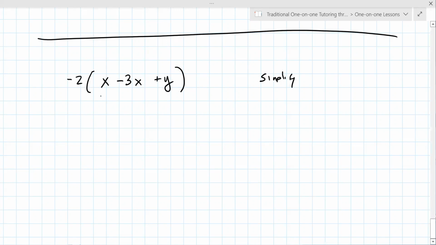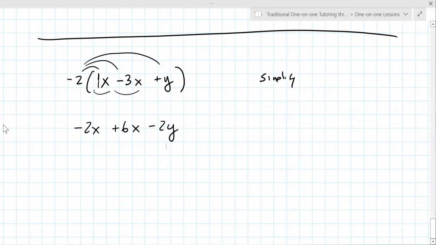Okay, so one of the things you can do is you can actually combine these in here if you want. You don't have to do that first, but you can. Did you just distribute this in? I just distributed. Okay, so let's distribute that first. So it's -2x plus 6x minus 2y. Is that what you have? Yeah.